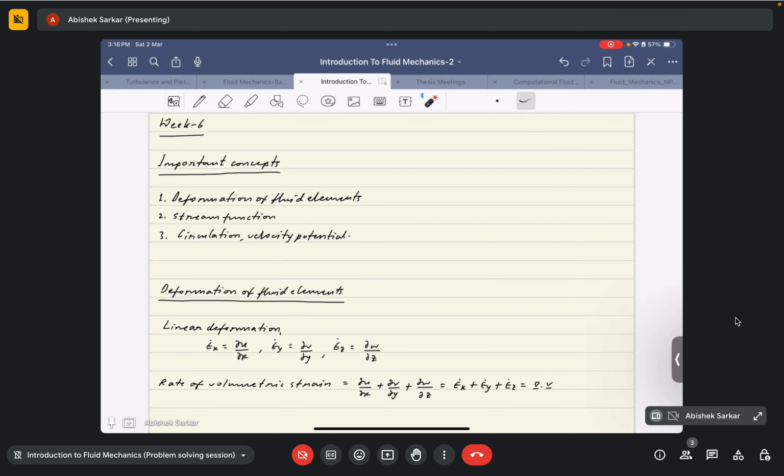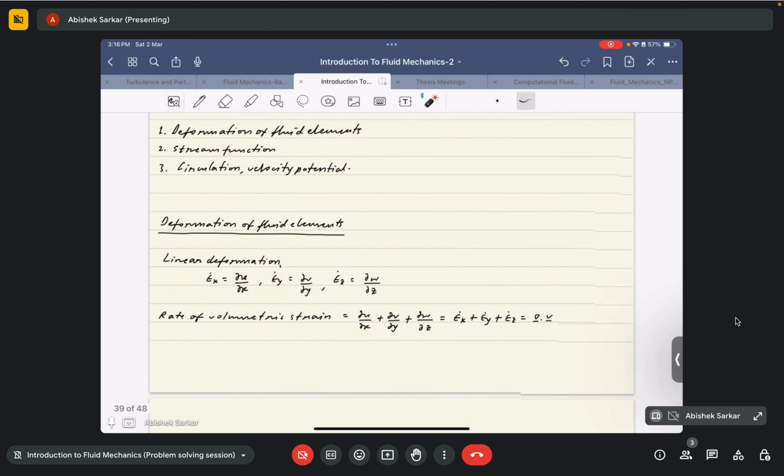Then we will try to solve some similar problems that were discussed in the lectures, and then we will deal with some problems that will help you to solve this week's assignment problems. I hope the agenda for today's session is clear, and let's begin.